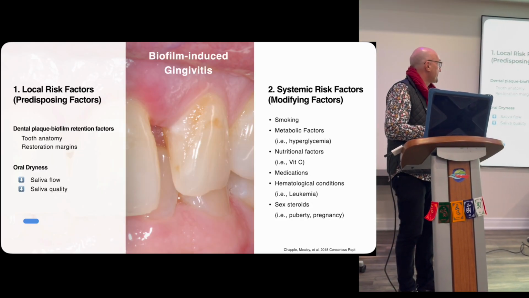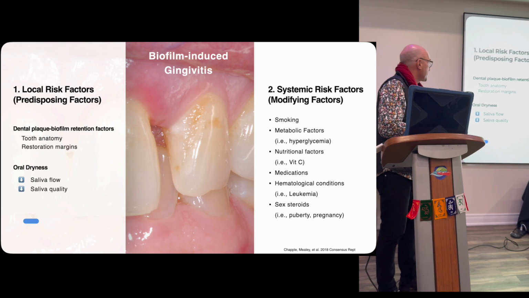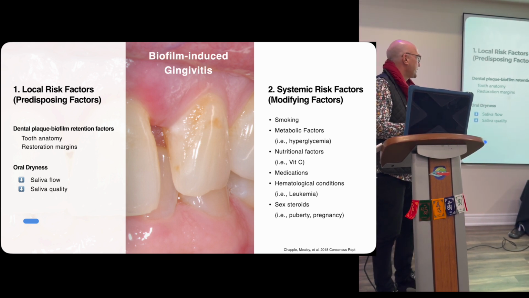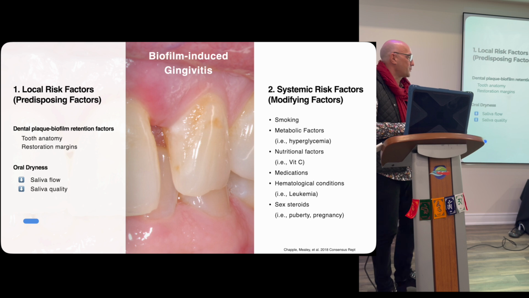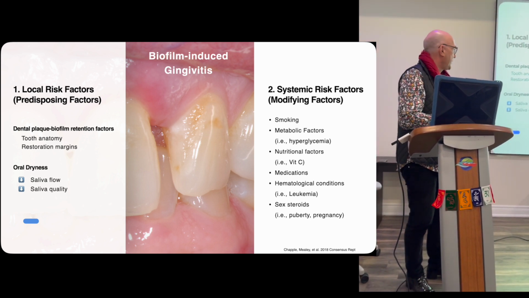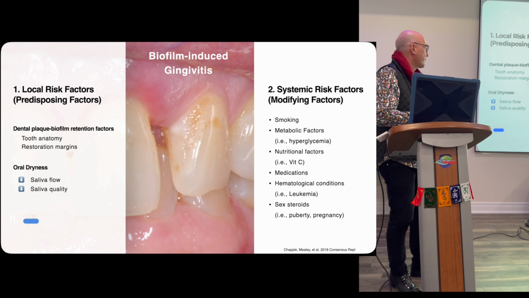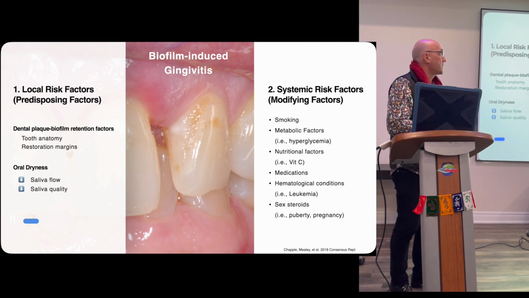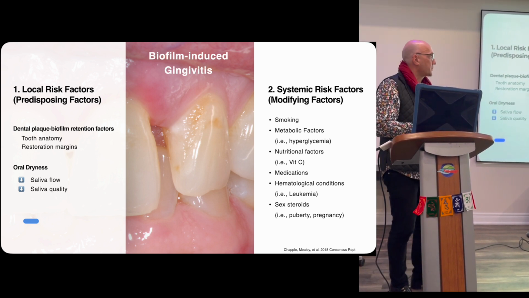So local risk factors, predisposing factors, dental plaque biofilm retention factors: tooth anatomy and restoration margins, those overhangs. Oral dryness also, like Donna mentioned, if you have decreased saliva flow or decreased saliva quality, that will increase your risk factor.